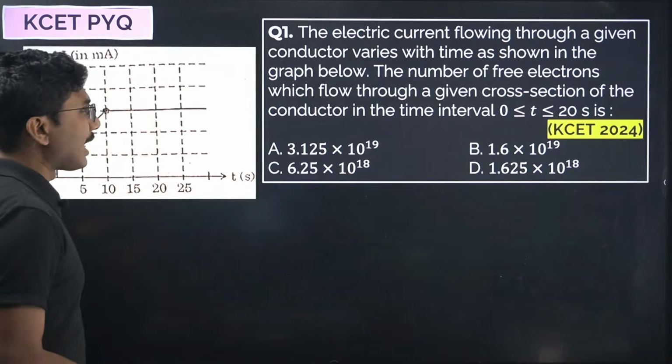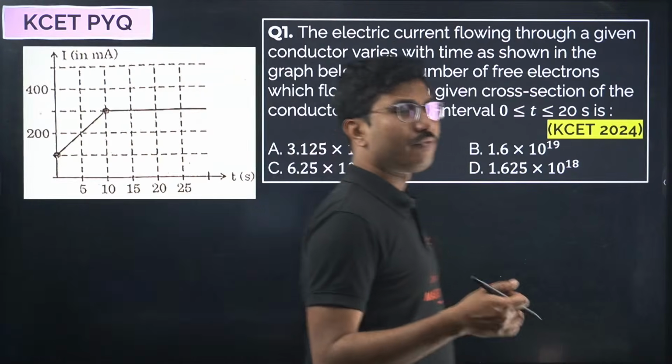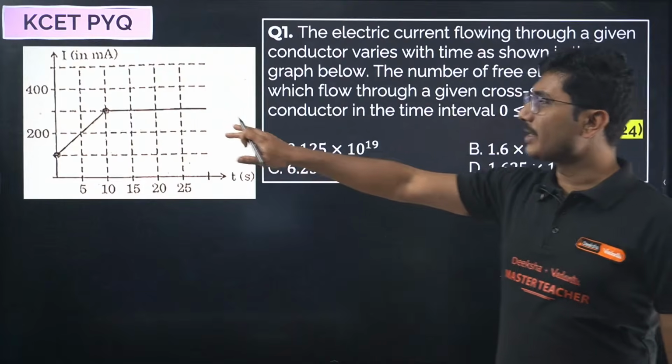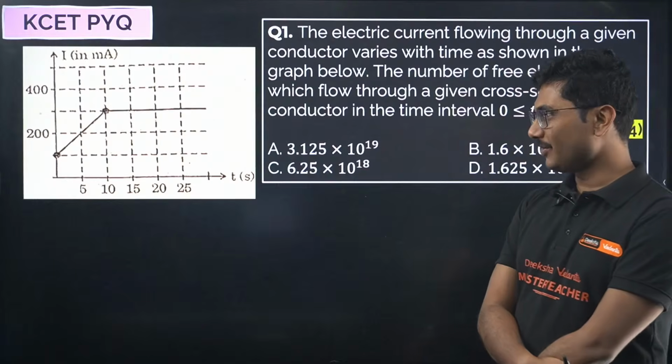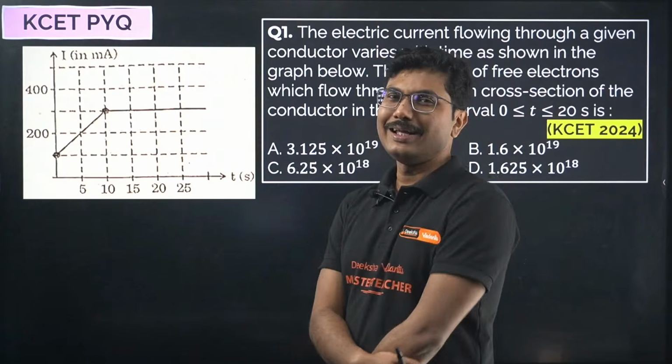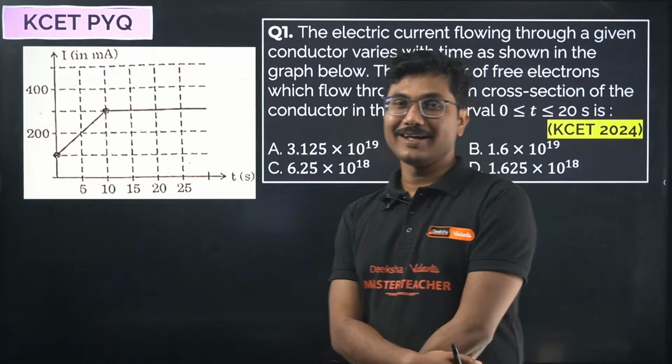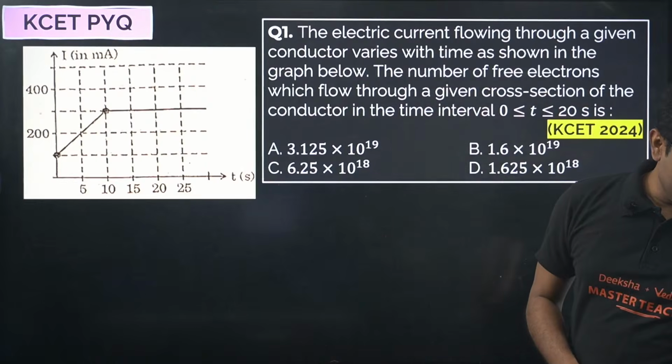So you have to calculate the number of free electrons. They have given you a graph, and from this graph you have to calculate the number of free electrons. What a question, completely bamboozling, right? Completely difficult question. Actually it is not.